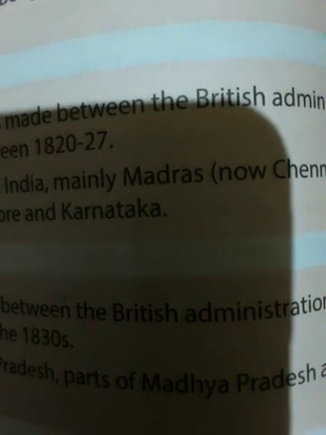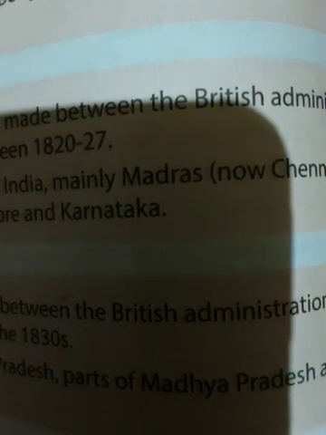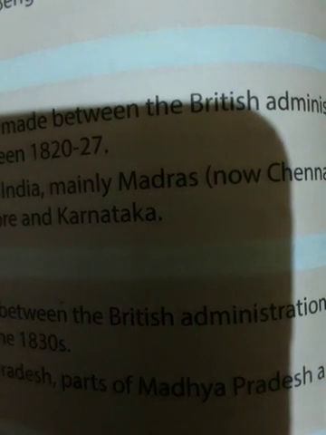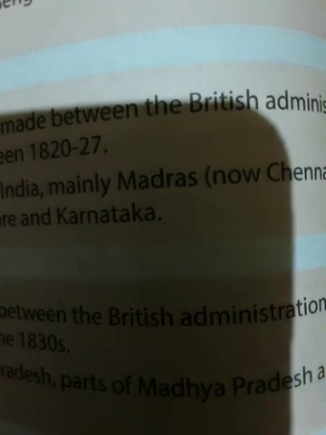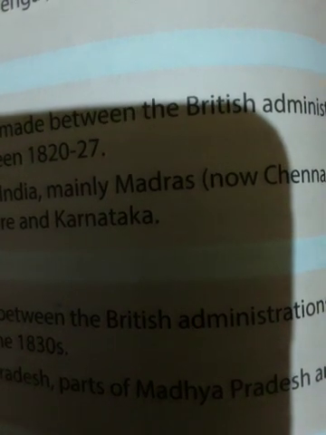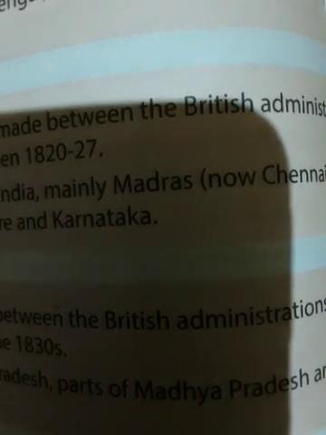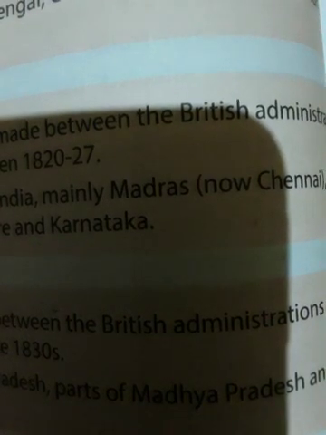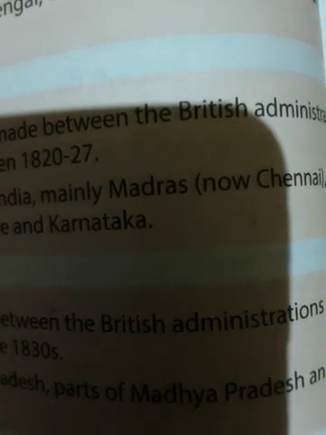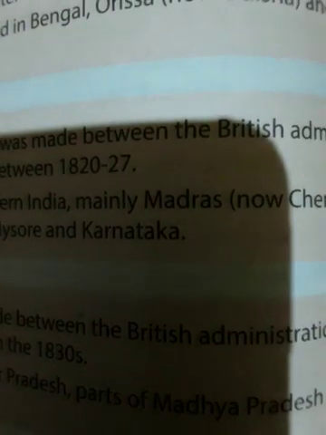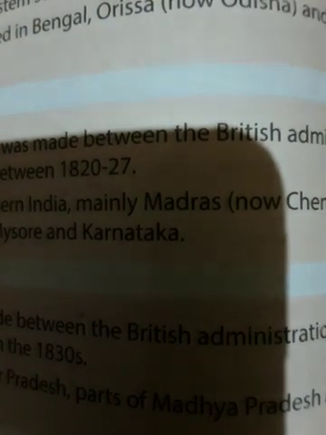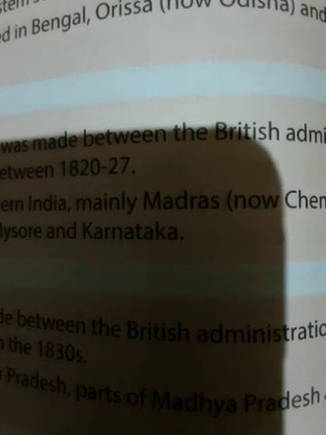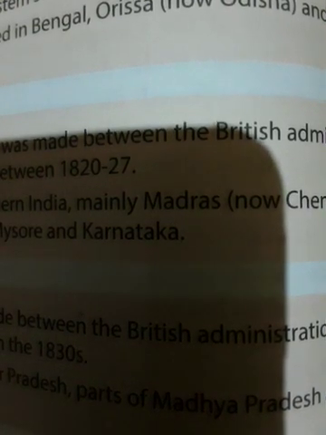Second, the Zamindars became the owners of the land and were given permanent hereditary rights to sell or mortgage their land.